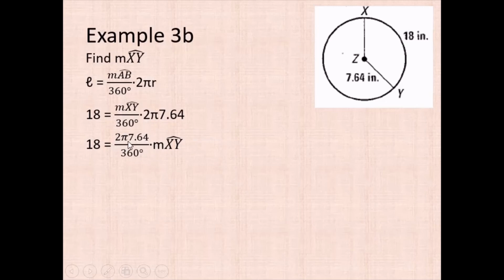That way I can do 2 times pi times 7.64 divided by 360 in the calculator, which comes out to 0.133, and then 18 divided by 0.133 is 135 degrees. If you can, you probably want to keep a lot of decimal places, so don't just put like 18 divided by 0.1, because you'll be way off. Try and keep as many decimal places as you can to get somewhere close to 135.